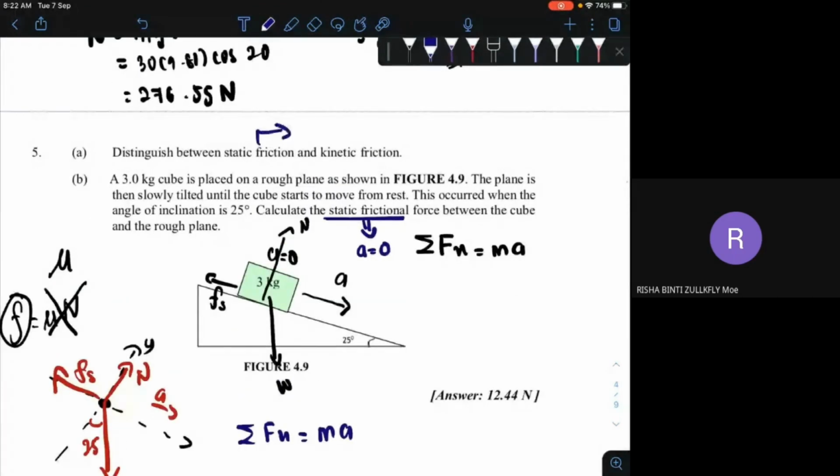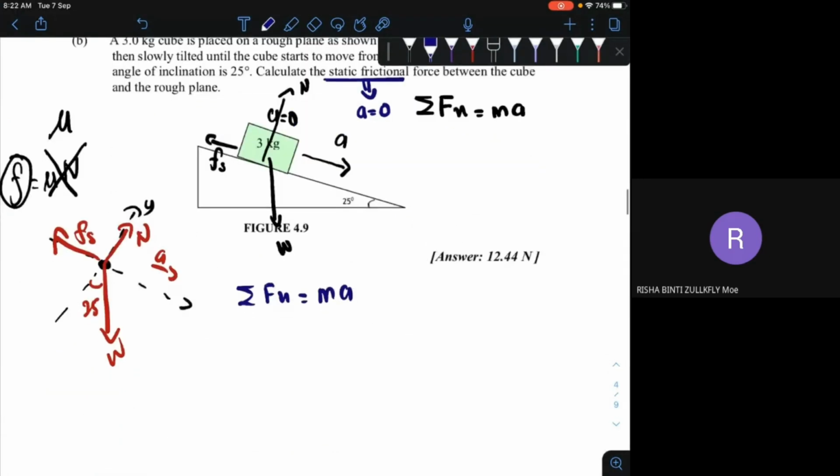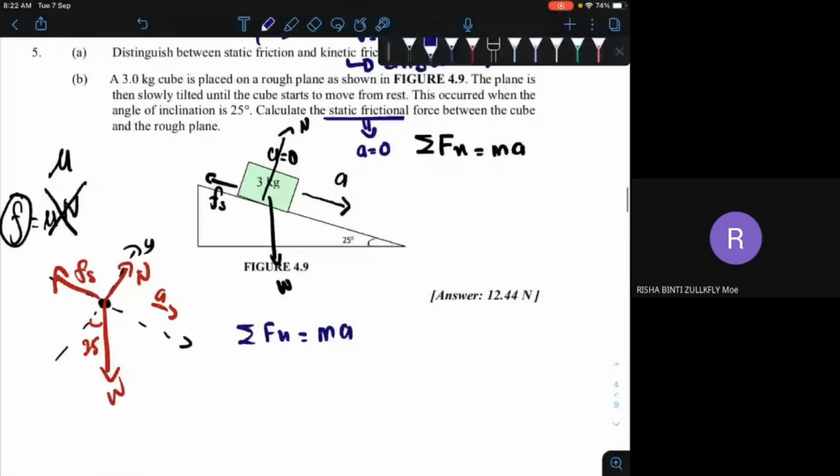Kalau kamu tengok soalan sebelumnya, dia suruh distinguish between static and kinetic. Ini about to move, V kamu kosong, ini dah gerak, so akan ada acceleration, ataupun bergantung constant velocity, acceleration sama dengan kosong.